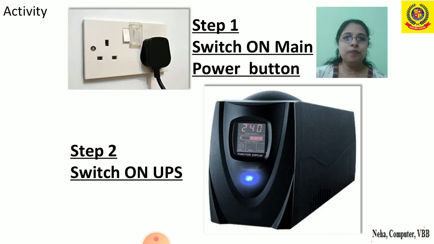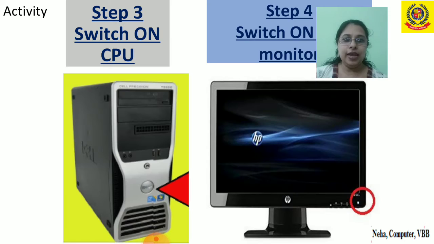Now let's see step 1. We have to switch on the main power button, and then we have to switch on the UPS button. You can see there is a glowing light on the UPS. That is the button on the UPS; you have to switch it on. Next you have to switch on the CPU.